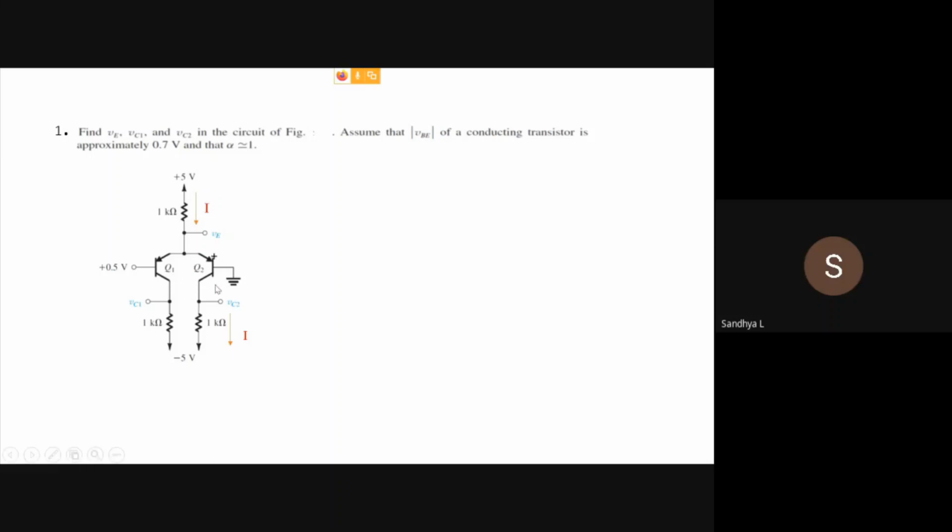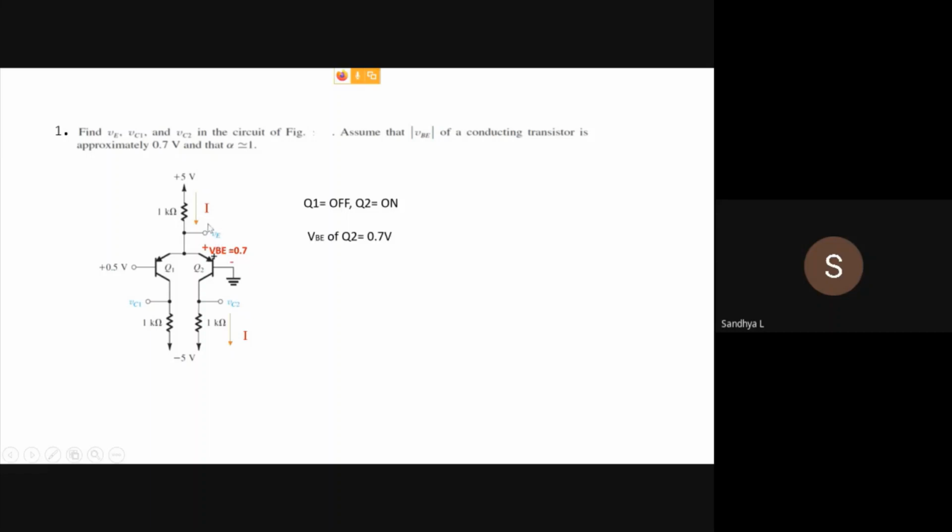Q2 is on means the base emitter voltage will be minus 0.7, with a polarity like this.